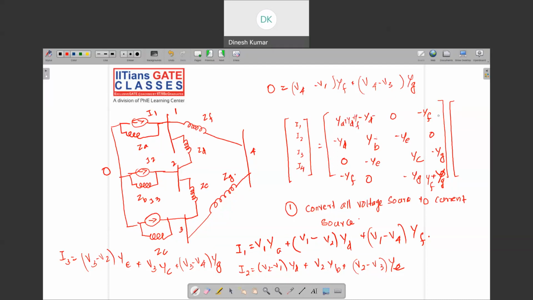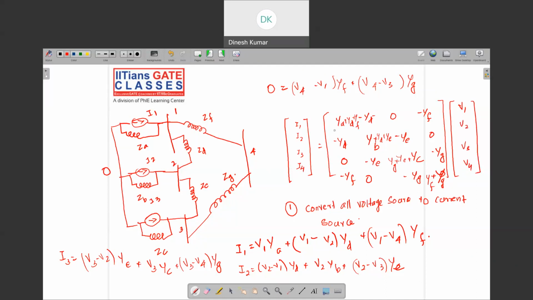Here also you have to write YB plus YD plus YE, and here YC plus YE plus YG. These things will also be coming, and this multiplies V1, V2, V3, V4. Right, so this is very important.